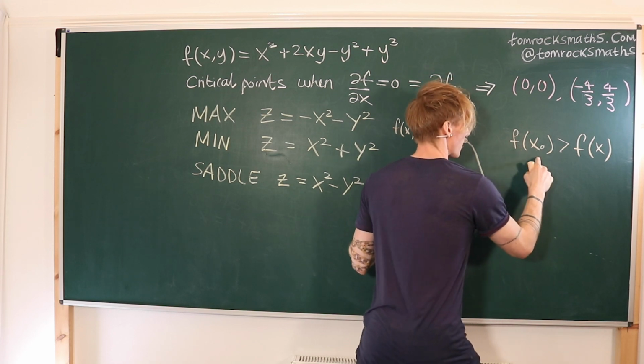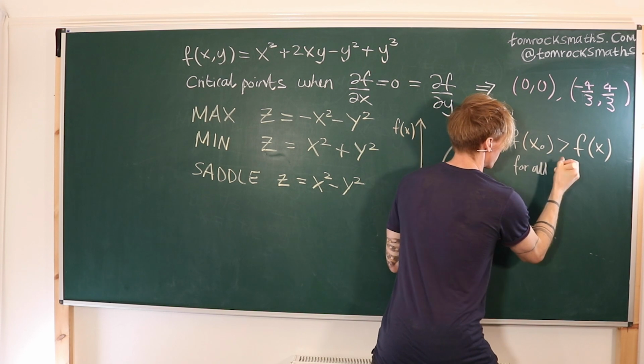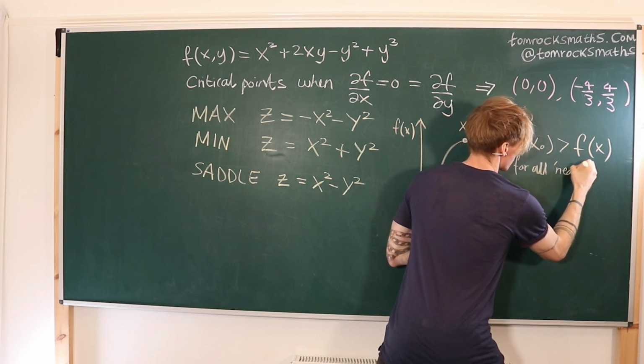So we can say that f of x0 is greater than f of x for all, in inverted commas, nearby points x.